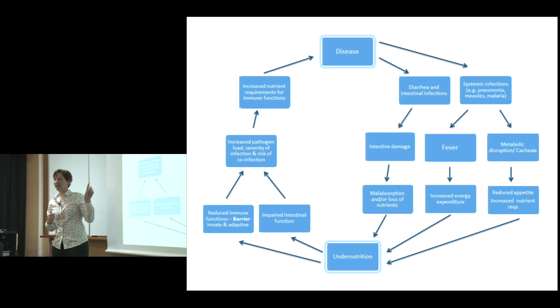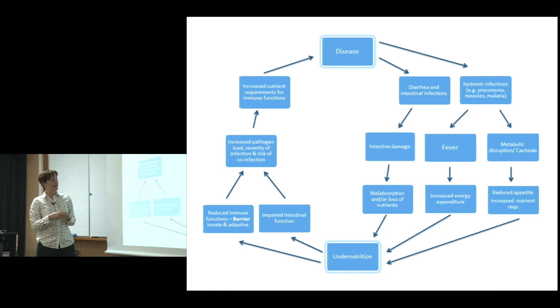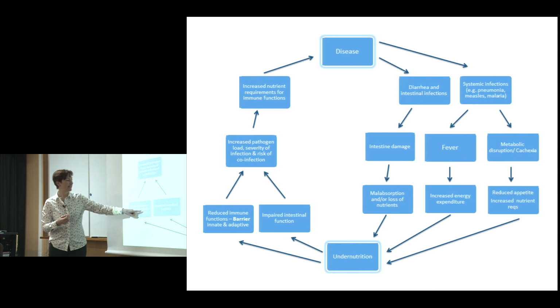You'll see some other slides that we didn't have much time to go through, which summarize what functions are affected by malnutrition and which aren't. But the antibody system is actually pretty robust, because those antibodies should be there, sitting ready to go. They don't really need specific energy. So the immune system is robust, but it's really this barrier function that's most affected.